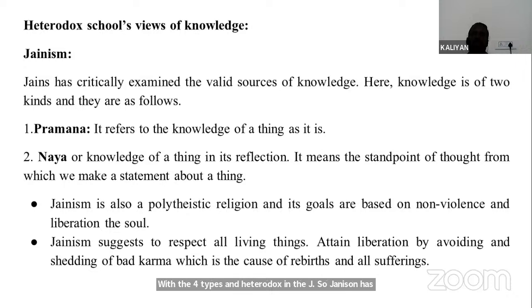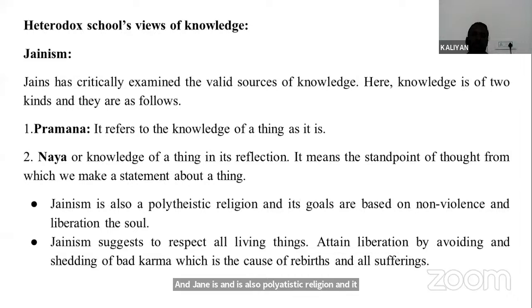Here there are two types of knowledge, Pramana and Naya. Pramana refers to knowledge of things as they are. So Brahman is the source of knowledge, and Naya knowledge is its reflection. Jainism is also a polytheistic religion, and its goals are based on non-violence and liberation of the soul.